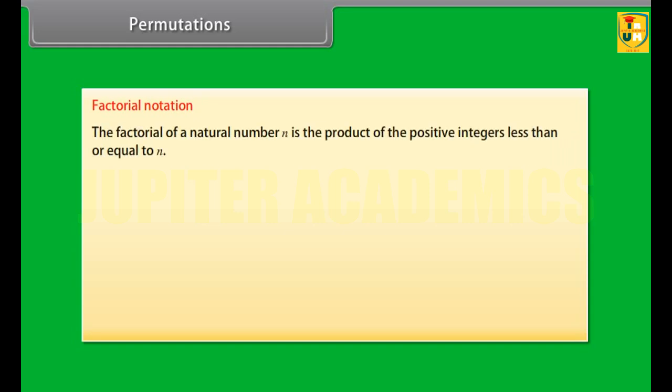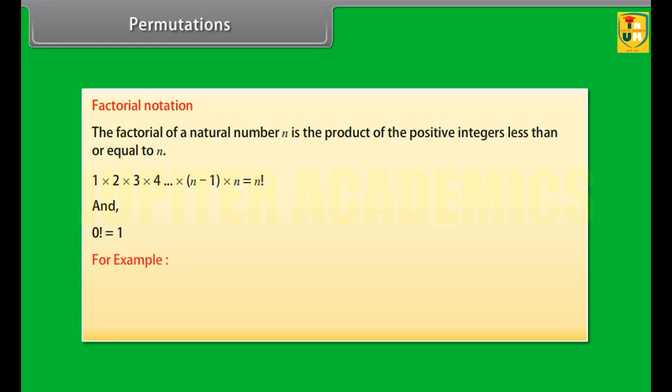Factorial notation. The factorial of a natural number n is the product of the positive integers less than or equal to n. 1 into 2 into 3 into 4 up to n minus 1 into n is equal to n factorial, and 0 factorial is equal to 1.